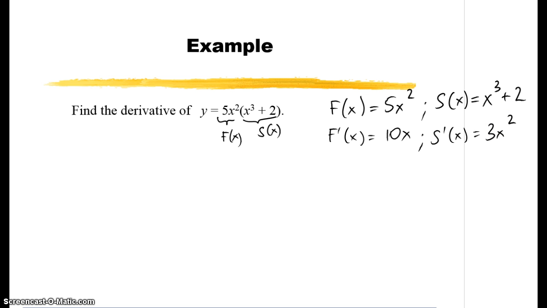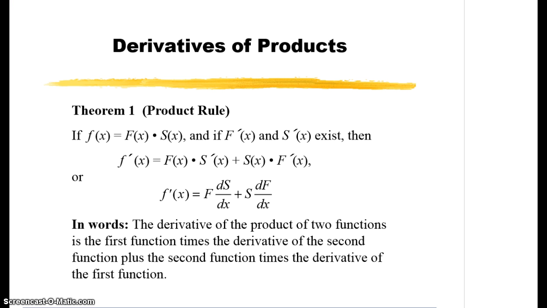So now that I have those written out, all I have to do is plug them into the product rule. And according to the product rule, the derivative of this function is going to be the first function multiplied by the derivative of the second plus the second multiplied by the derivative of the first. Right? Notice the first times the derivative of the second plus the second times the derivative of the first.